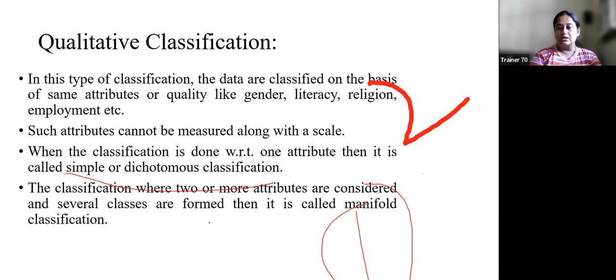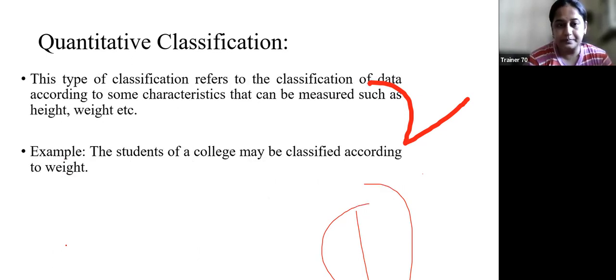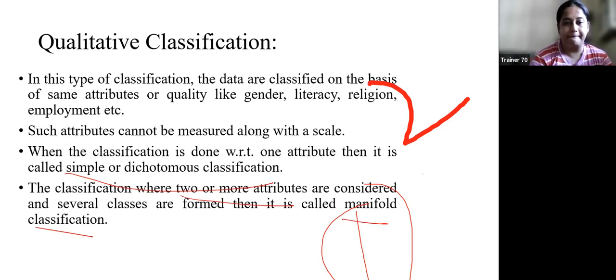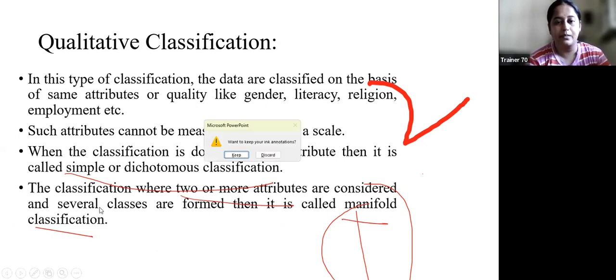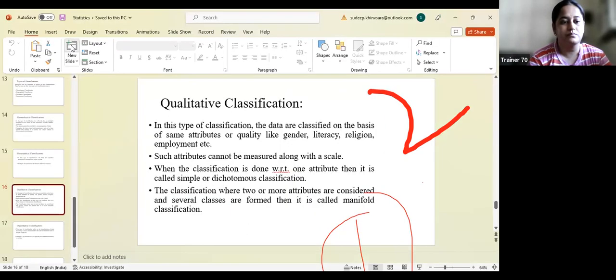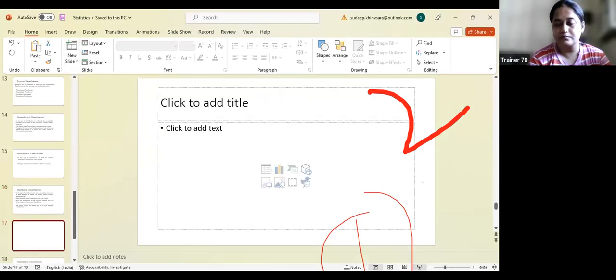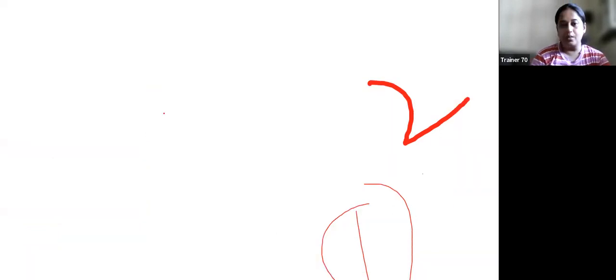And if the classification is done on the basis of two or more attributes, then it is called manifold classification. For example, suppose we have a population.